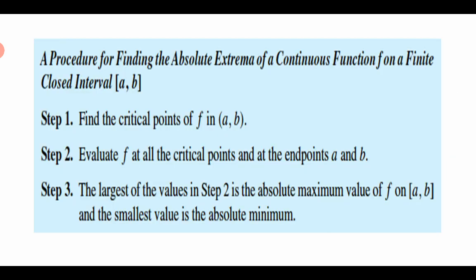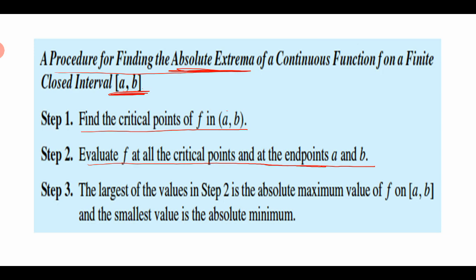Okay. So how do we find absolute extrema? First, find the critical points in the open interval and evaluate f at all critical points and even at the end points. See, the given interval is a closed interval. First we find the critical points inside the interval, except a and b, isn't it?